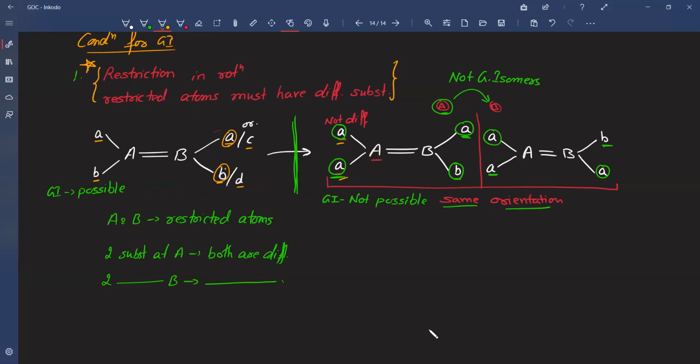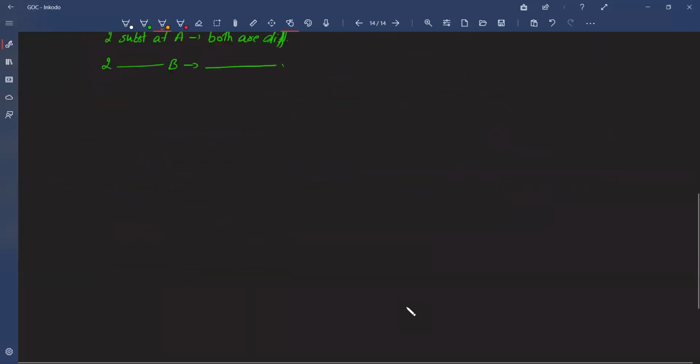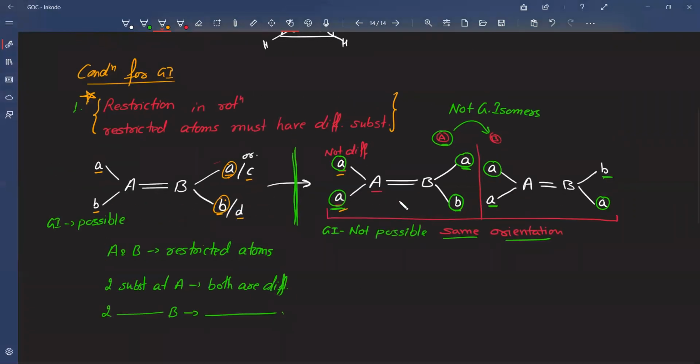Let's see an example for that as well. It is a required condition for GI. It doesn't guarantee geometrical isomerism.